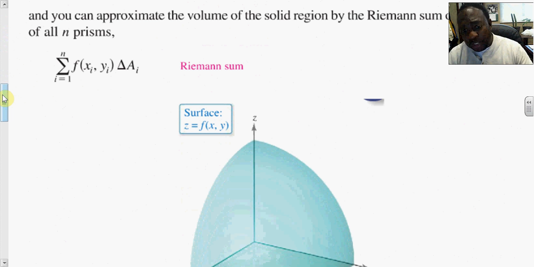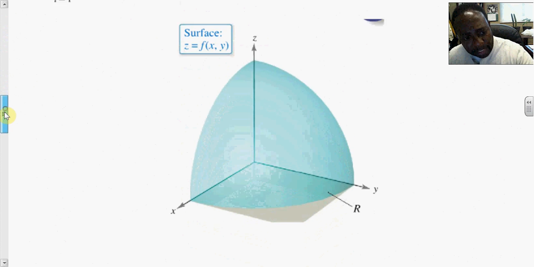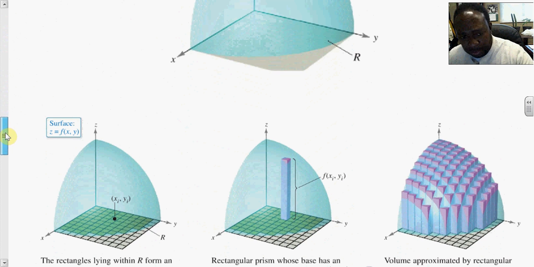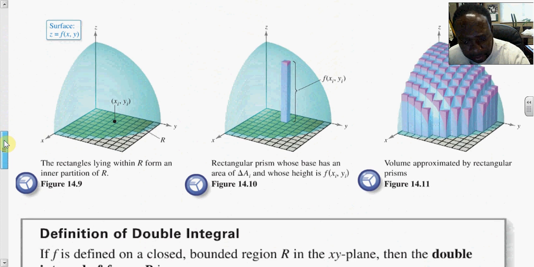In Calculus 1, we talked about rectangular slices. Here we talk about small cubes. And so here we add up all these cubes and shrink them, and that gives us the volume. You see each of these rectangular slices, but they become a cube because we talk about them in the third dimension, the base times its respective height.